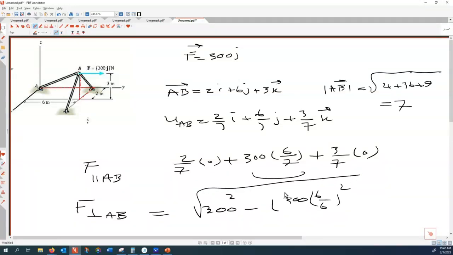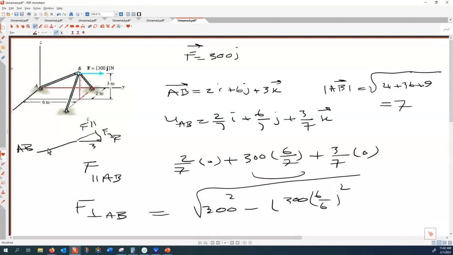It's a right angle, you solve. So this is something like that: AB, F. That is F parallel, and this is F normal. There is no force in the x and z axes, right? No, only along the y direction.